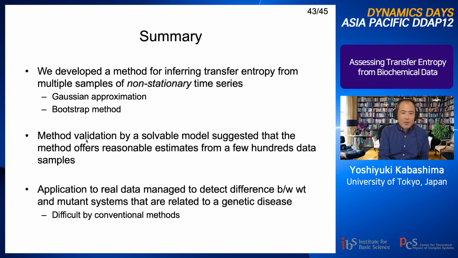Method validation by a solvable model suggested that the method offers reasonable estimates from a few hundred data samples. And the application to real data managed to detect differences between the wild type and mutant systems that were related to genetic disease, which was difficult by conventional methods.